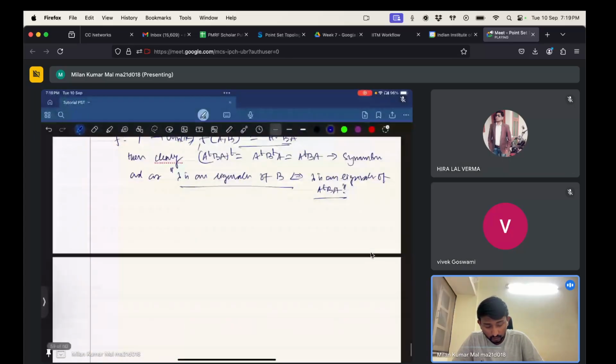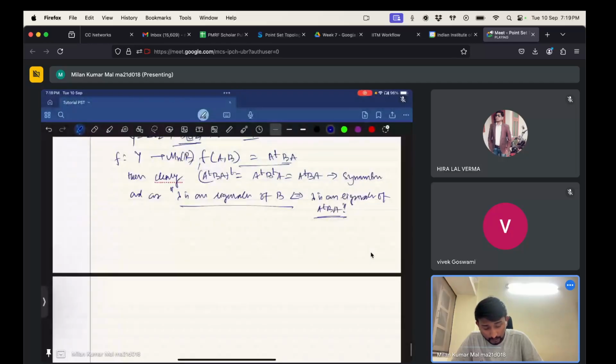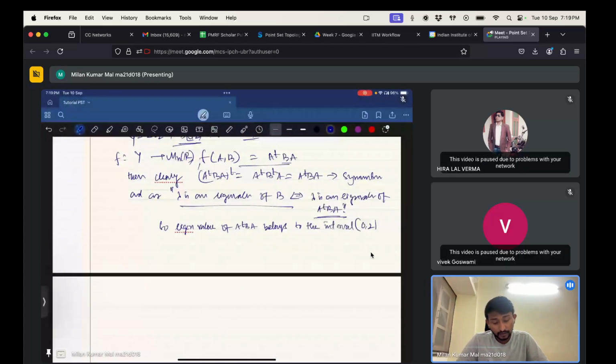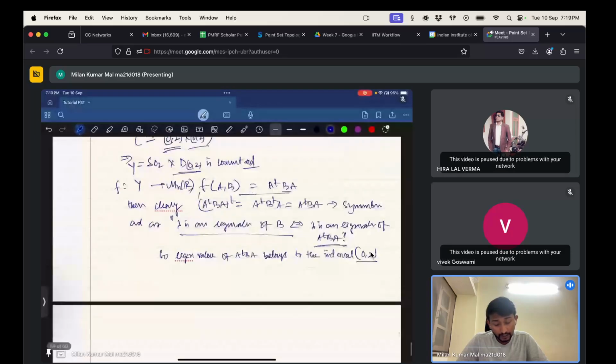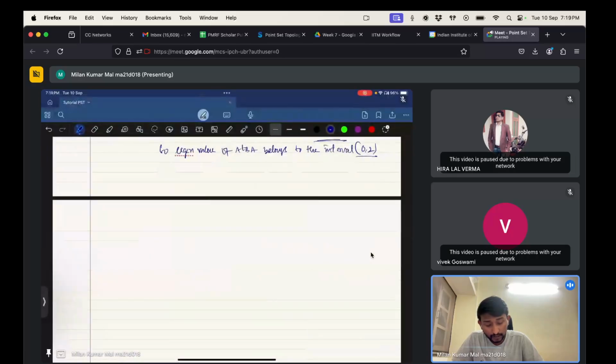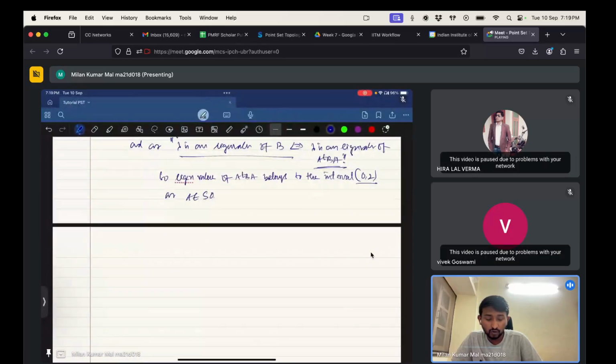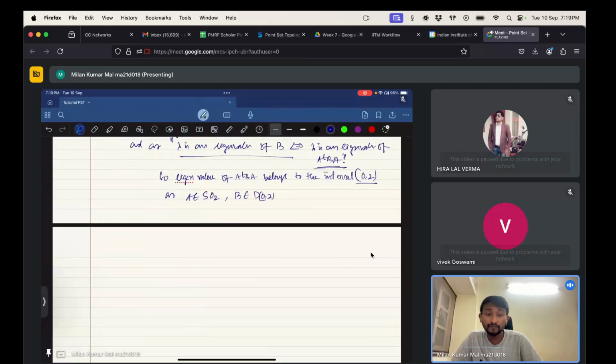So that means the eigenvalues of A transpose B A belong to the interval (0, 2), right? So you can see the image of F will satisfy all the other conditions. Also note that as A is coming from SO2 and B is coming from the diagonal set, none of them have determinant 0.